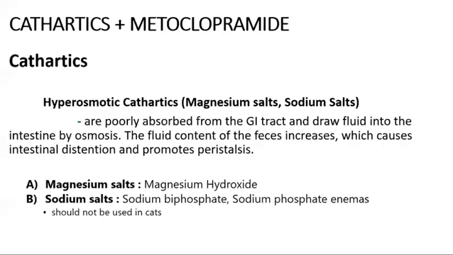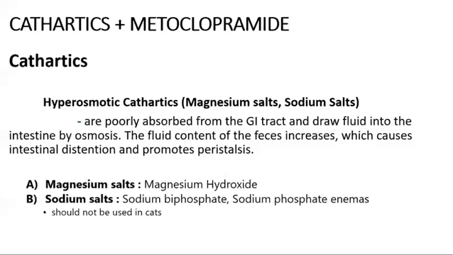Another type of cathartic is hyperosmotic cathartic in the form of magnesium salts and sodium salts. Example ng mga yan ay ang magnesium hydroxide, sodium biphosphate, or sodium phosphate enemas. They are actually not absorbed in the GI tract, but they will draw out fluid sa intestine natin. Therefore, ang fluid content ng feces natin mag-i-increase. Tapos lalambot siya.